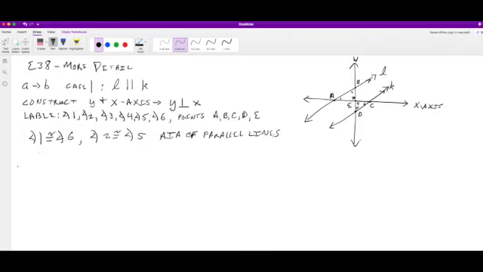Okay? And then we also know that angle 3 and angle 4 are right angles because X and Y are perpendicular, right?